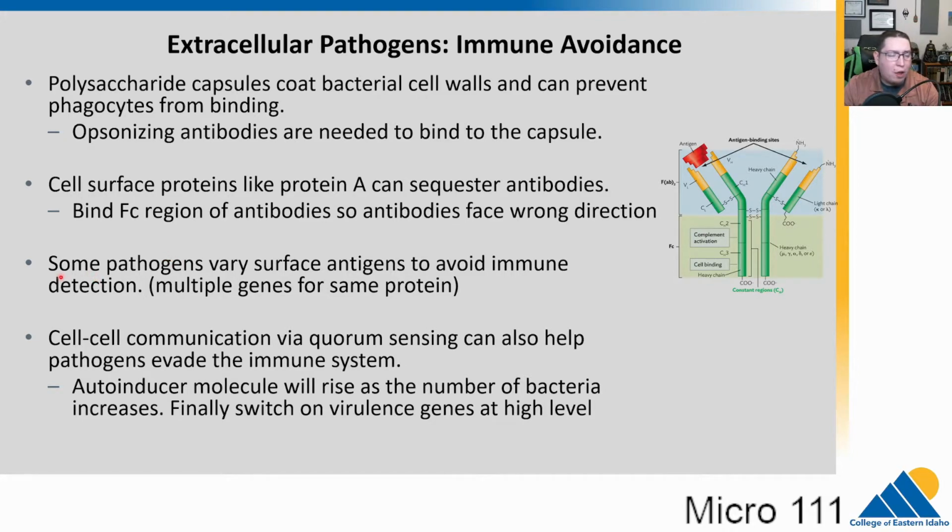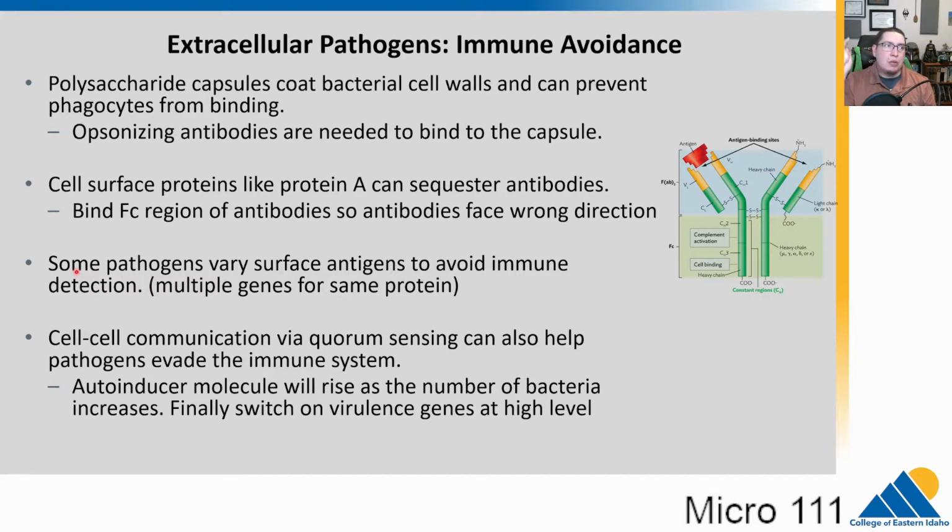Another one is cell-to-cell communication. We don't think about microbes communicating, but they're constantly talking. And a lot of microbes will invade the cell and they'll start growing, but they don't switch on their genes that cause damage, right? They don't switch on their pathogenesis genes. They wait and wait until their numbers get high enough, right?